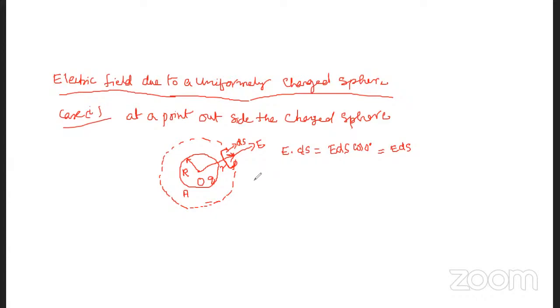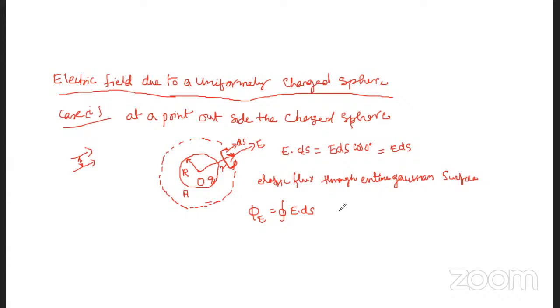The electric flux, which we call phi E, through the entire Gaussian surface is given by the surface integral of E dot ds.